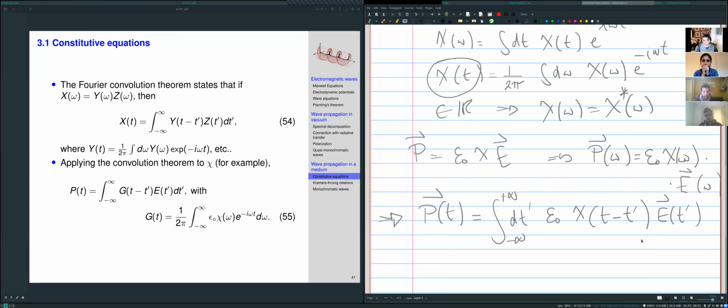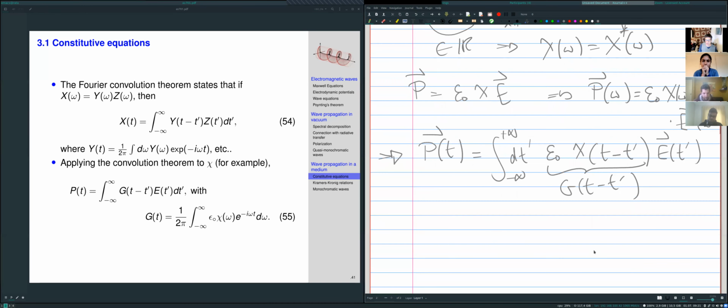I'm just applying the convolution theorem for now. Okay. And so this would be what's called G of t minus t prime in equation 55. Okay. I'm just identifying G of t minus t prime in this equation here. Okay.